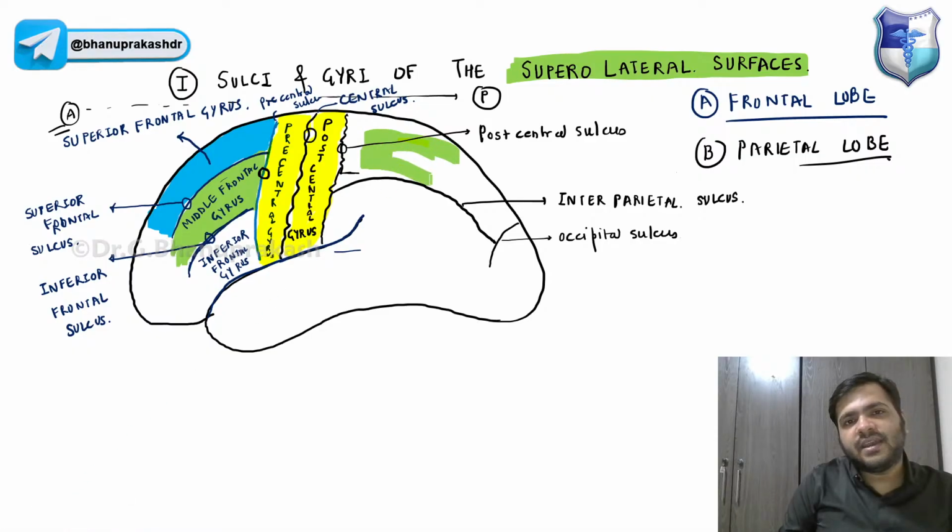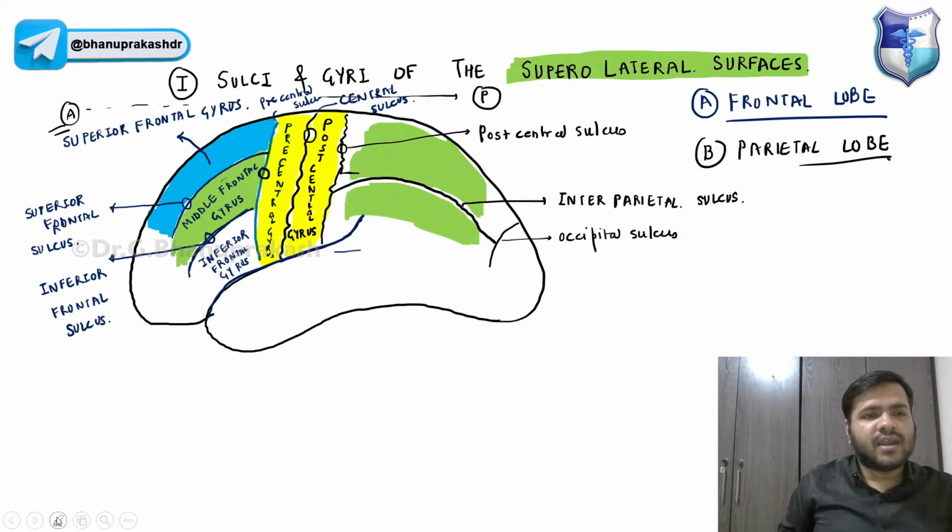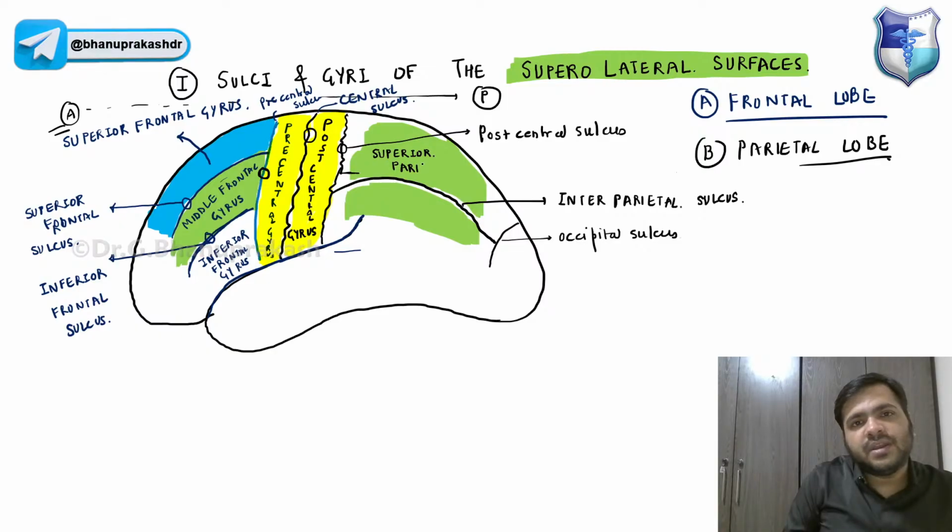One area which is above this interparietal sulcus, and one area which is below this interparietal sulcus. So you have to remember we have the superior parietal lobule. Now it is lobule, guys. Superior parietal lobule, and we have inferior parietal lobule.